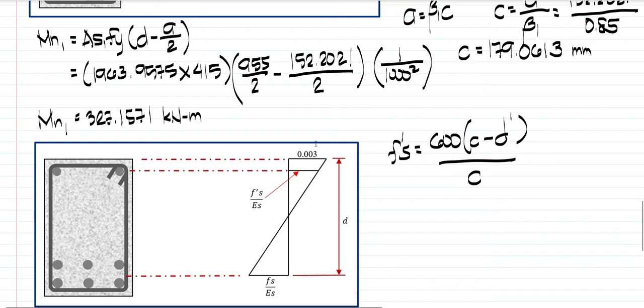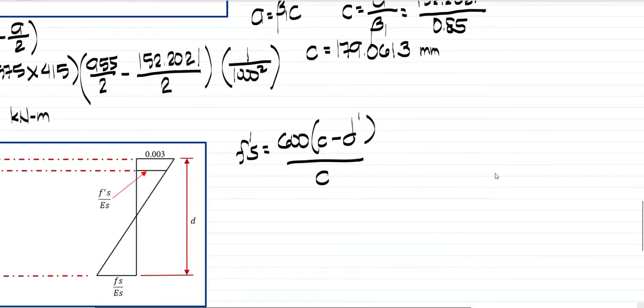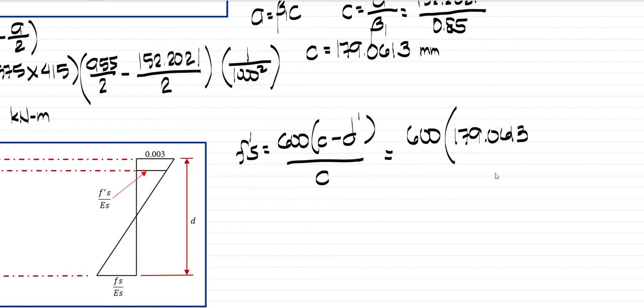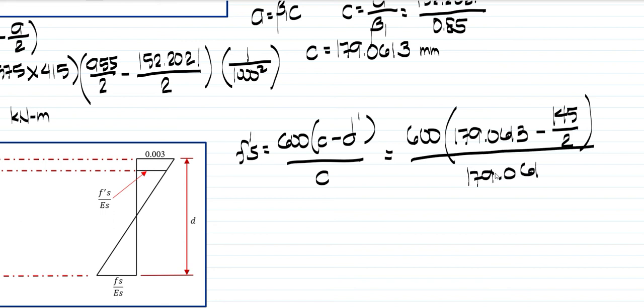Substituting the values, that is 600 times (179.0613 minus 145 over 2) divided by 179.0613.